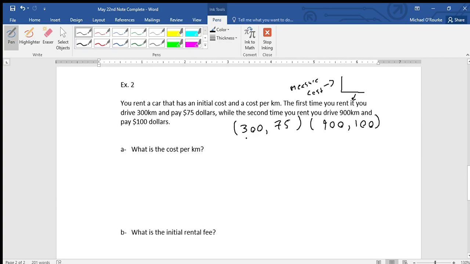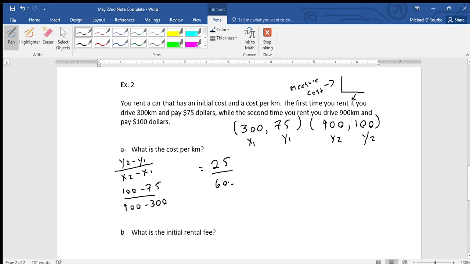So let's figure out our rate of change. This is x1, y1, x2, y2. So y2 minus y1 over x2 minus x1, which would equal 100 minus 75 over 900 minus 300, which equals 25 over 600, which would equal 1 over... 4 times 6, 24, I think.